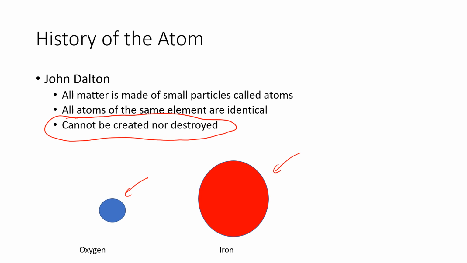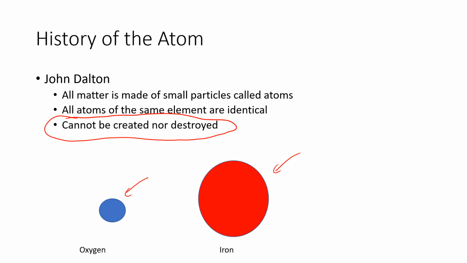It can only be changed, and a whole bunch of others. Law of conservation of electrical charge. Electrical charge cannot change. It can only be moved and switched and altered, but you cannot just have negative charges come out without positives arising somewhere else. So he came up with a lot of different conservation laws.